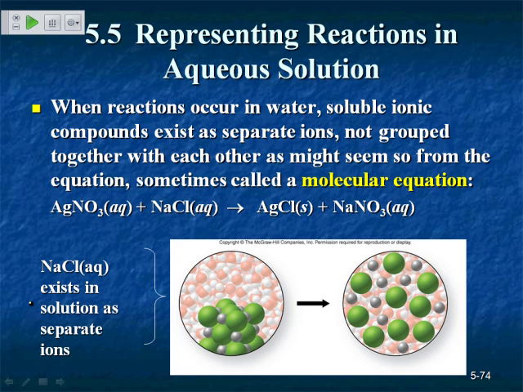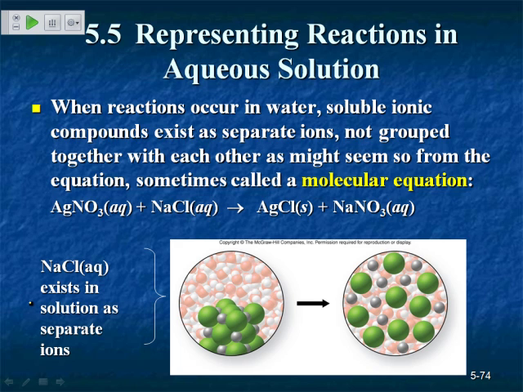The coefficient is all 1 in front of each formula. We call this a molecular equation, meaning it is showing you the molecular formulas of the species you are reacting and the species that you are forming. Reactants and products are given using their molecular formula, that is molecular equation.